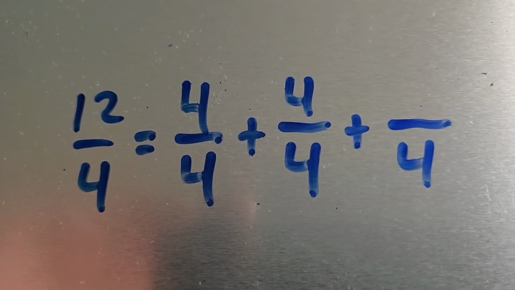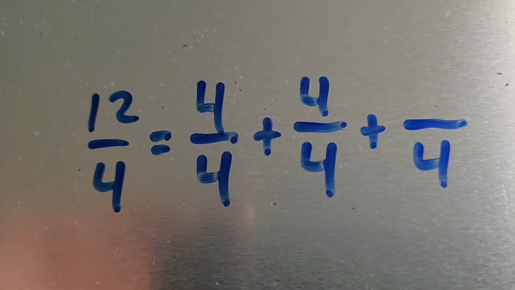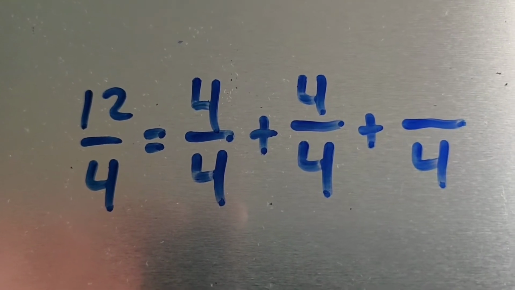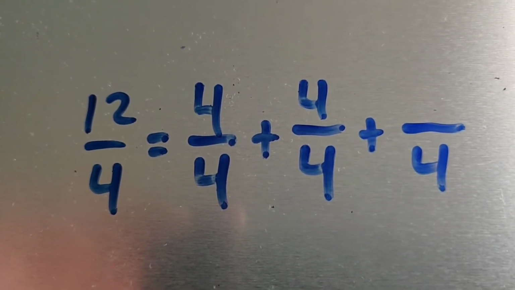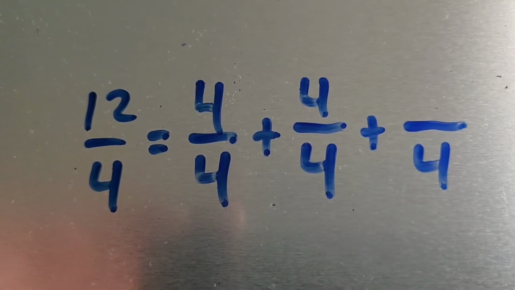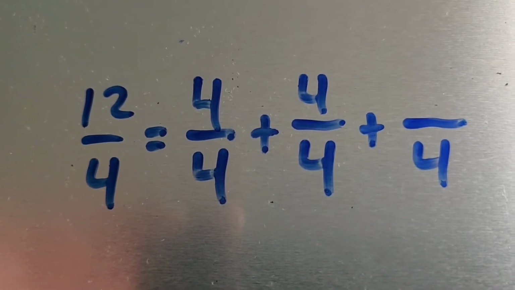And both sides of the equation have to have an equal value. So how many more fourths do we need on the right-hand side to make that the same value as 12 fourths on the left side? So far we have 8 fourths on the right-hand side. 8 fourths plus how many fourths equals 12 fourths? Or 8 plus what is 12?